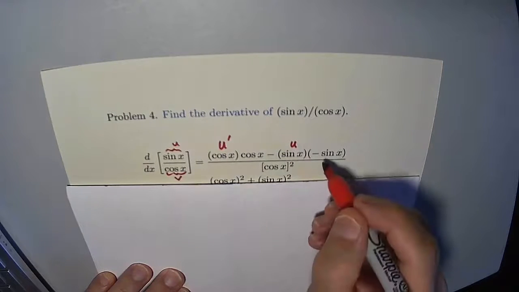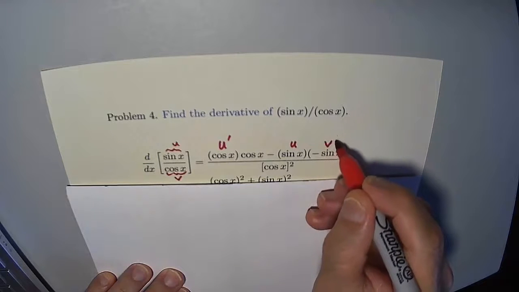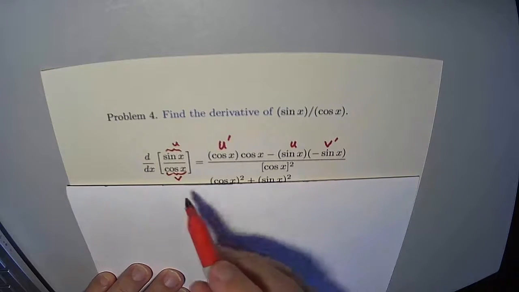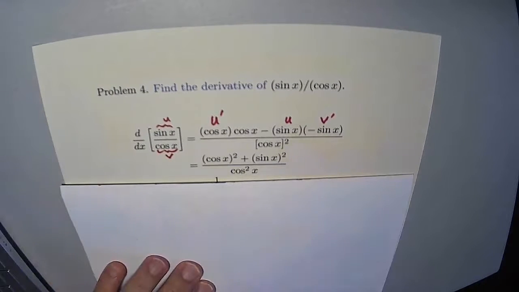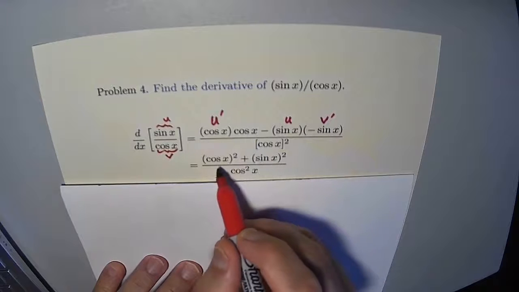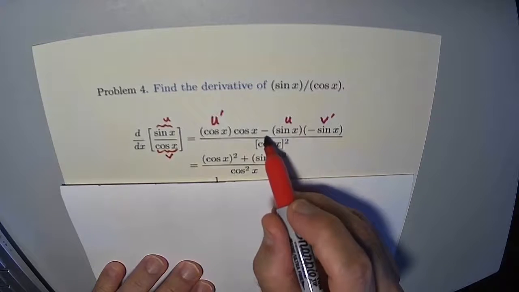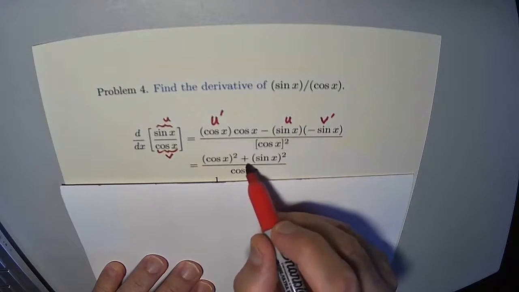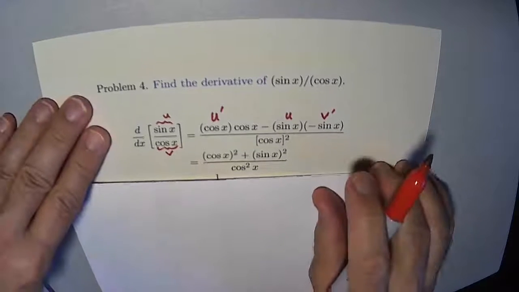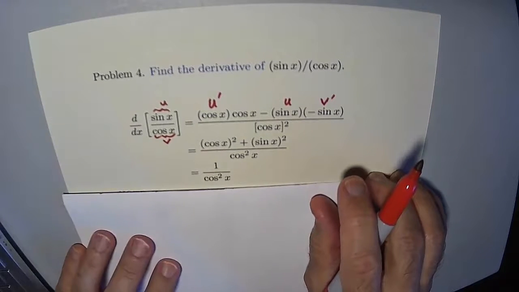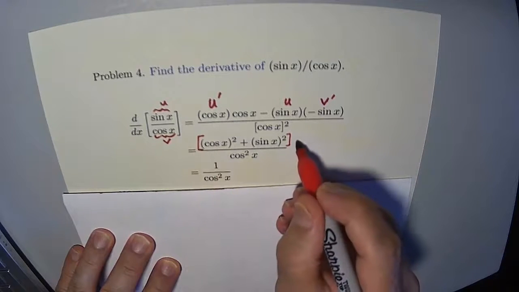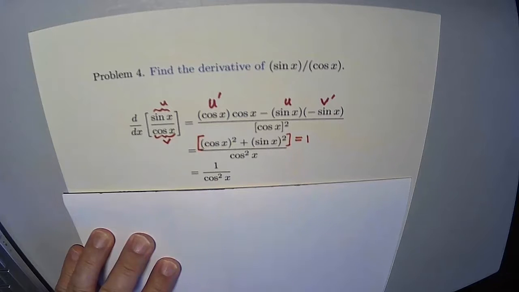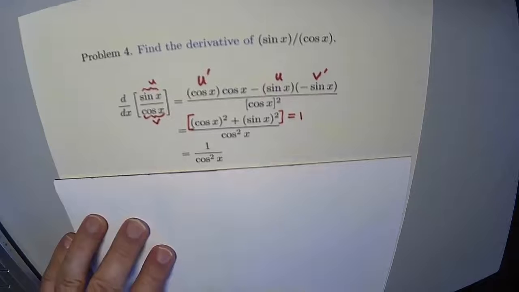Derivative of cosine is negative sine. All of that divided by the denominator squared, v squared. Cosine times cosine is cosine squared. Minus sine times minus sine is plus sine squared. And since the trigonometric Pythagorean identity says that cosine squared plus sine squared equals 1, we get the answer 1 over cosine squared.